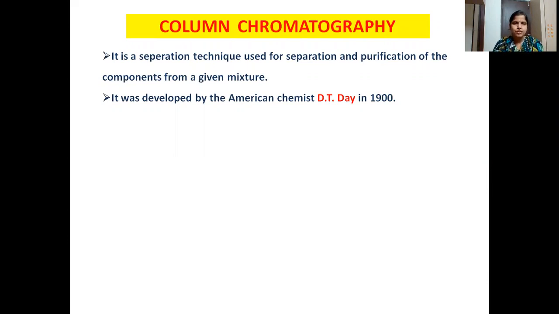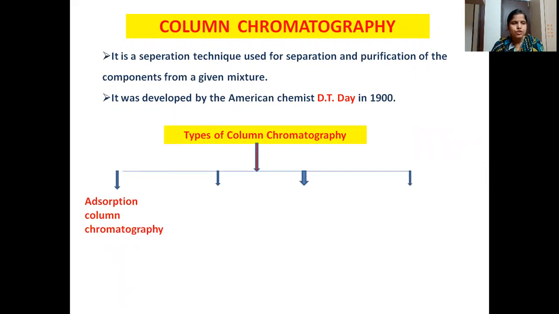Now in column chromatography, we have different types. The first one is adsorption column chromatography. As you know, it is the adsorption phenomenon which is taking place. When the sample is loaded onto the adsorbent, or the stationary phase, first the sample gets adsorbed.